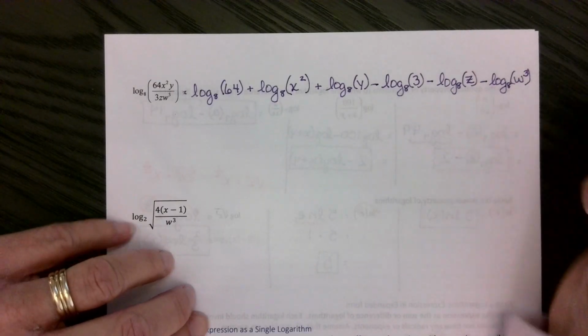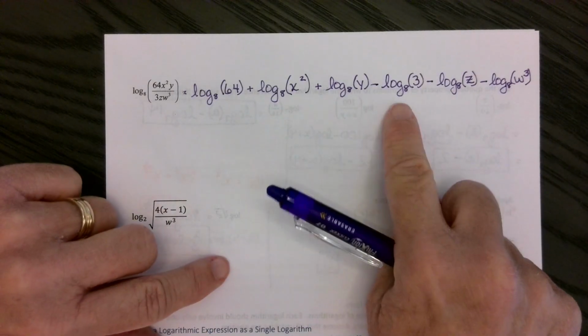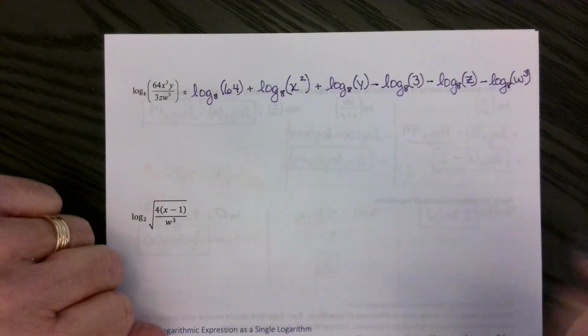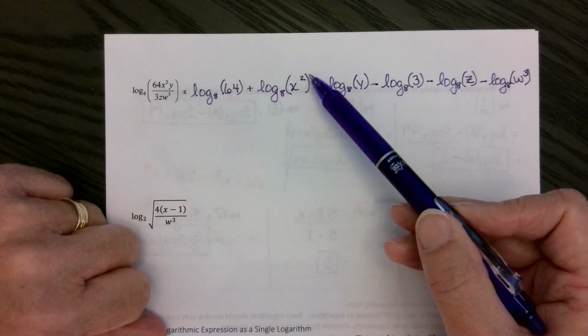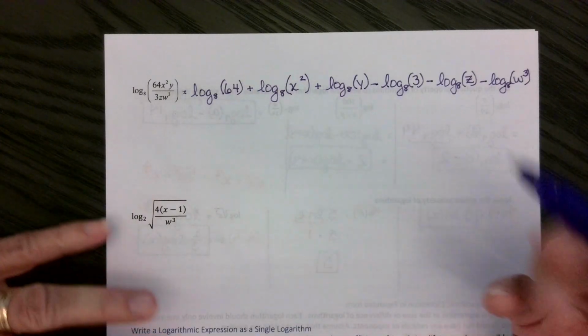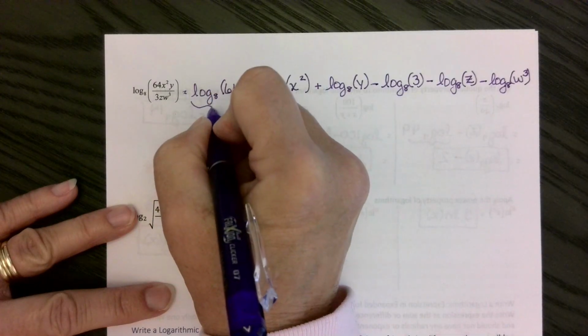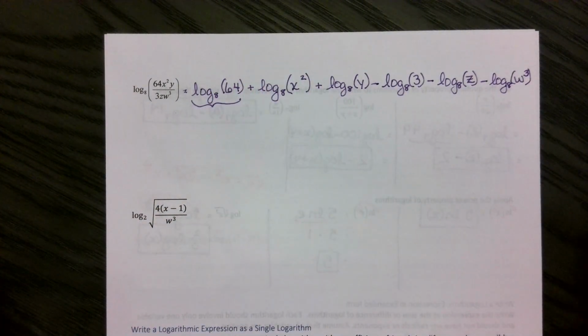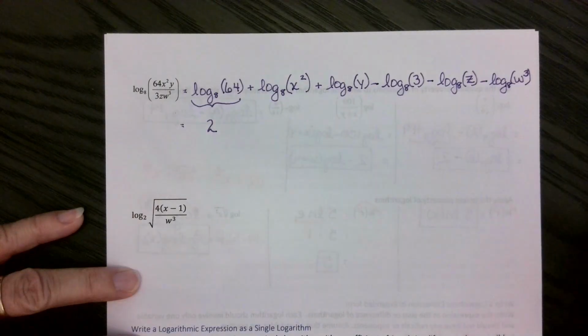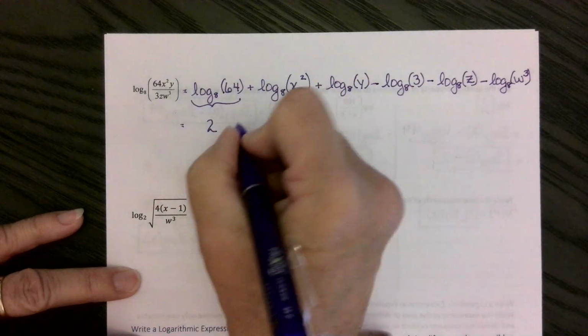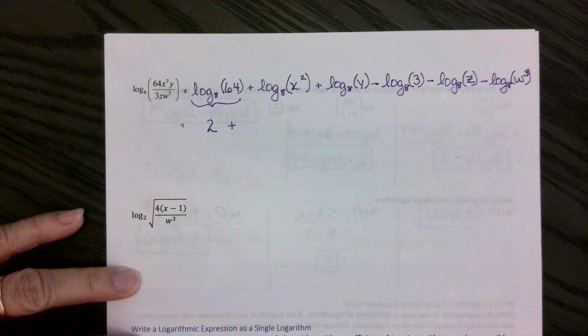Okay. Now, we got to double check to make sure this can't be simplified. We got to take care of our exponents. Now, is there anything I can raise 8 to get 64? Yes. 8 to the second power. Or you can use your calculator and it'll give you 2. We have an exponent here.